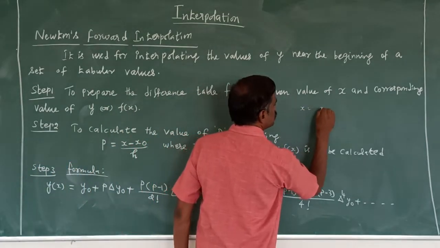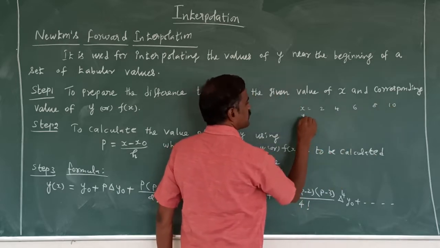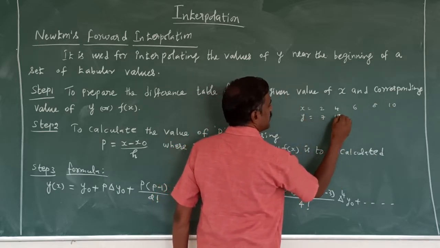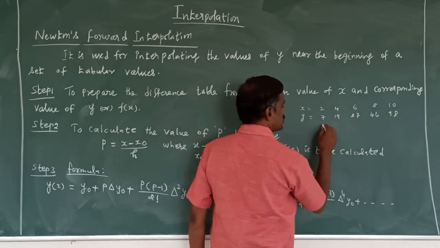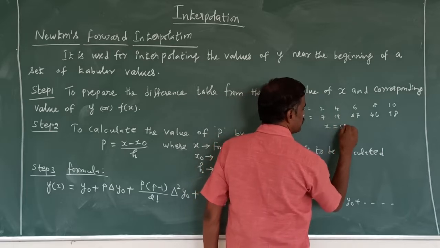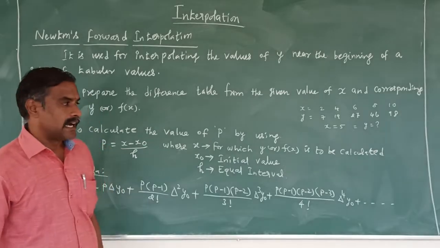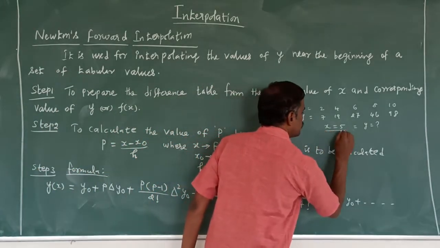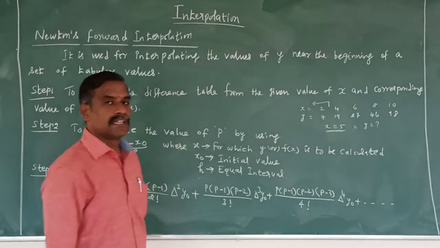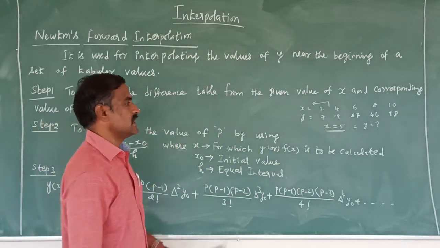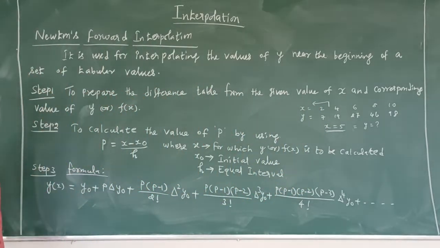Example: x is equal to 2, 4, 6, 8, 10, and the corresponding y values 7, 19, 27, 46, 98. Suppose we want to find the corresponding y for x equal to 5. Here the x value is nearer the beginning of the table, so we can use Newton's forward interpolation.